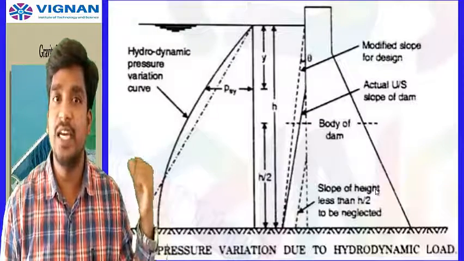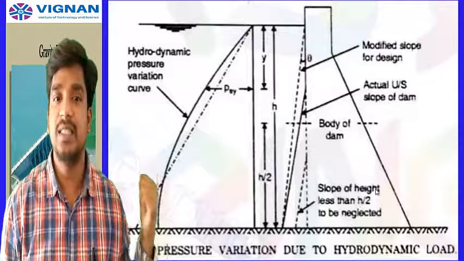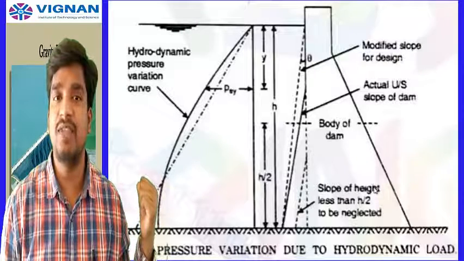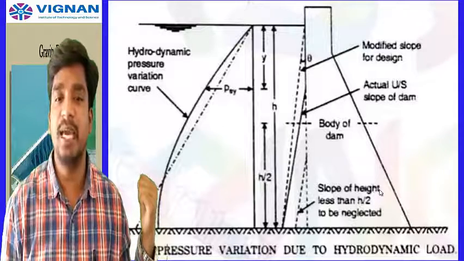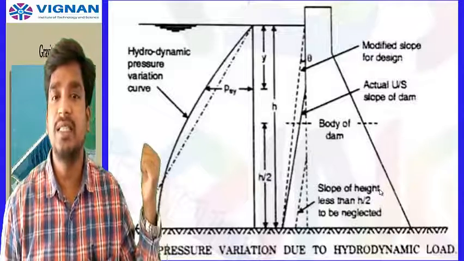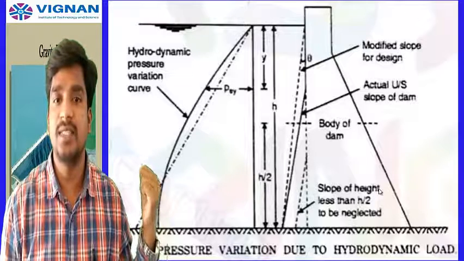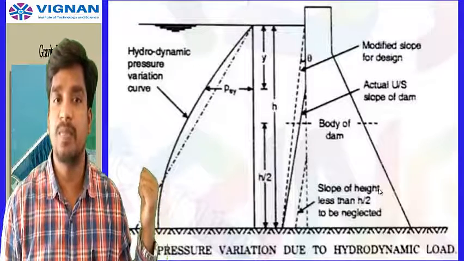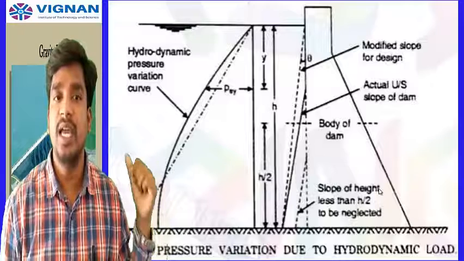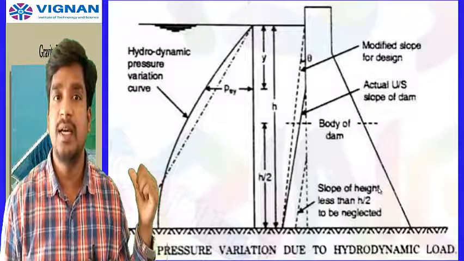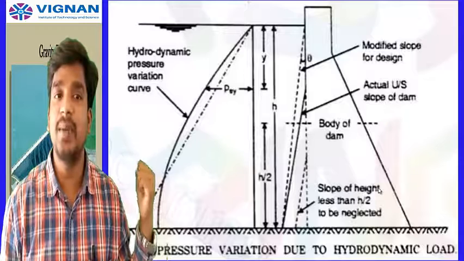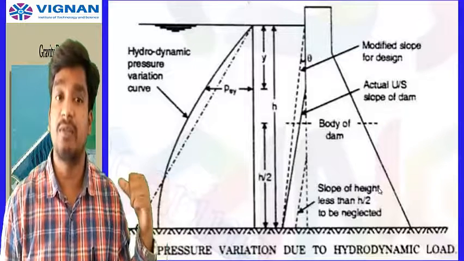Now moving on to the next figure. Here you can see in the figure, one is where the inclination is less than half of the dam, the other is where it is greater than half of the dam, and the middle one is the moderate, actual slope of the dam. With respect to that inclination, you can see the hydrodynamic pressure variation curve.